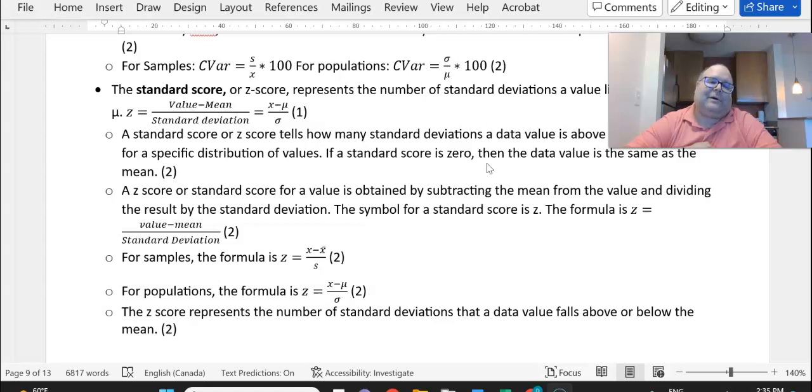But it is our value minus our mean divided by the appropriate standard deviation that corresponds to that mean. It can be either a population or a sample. The formula is basically the same. Z equals data value minus the mean, be it x bar or mu, over s or sigma, respectively, as appropriate.